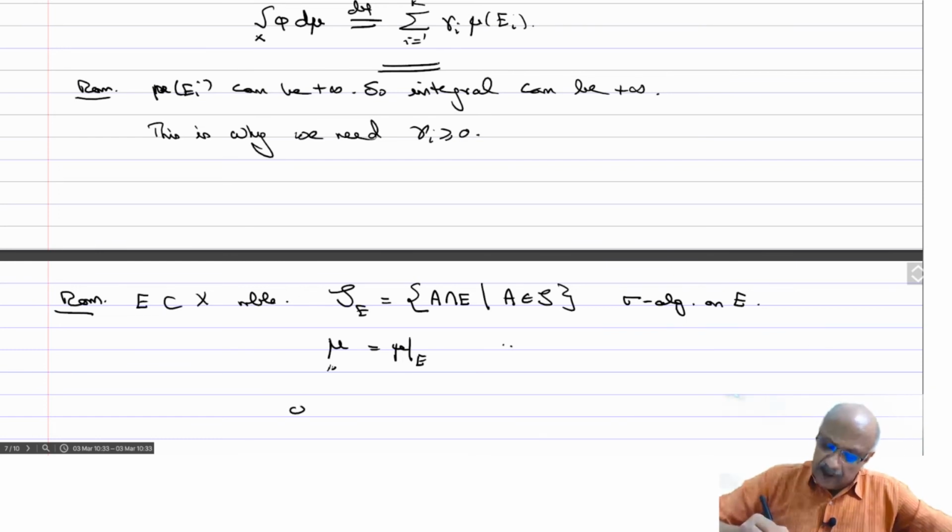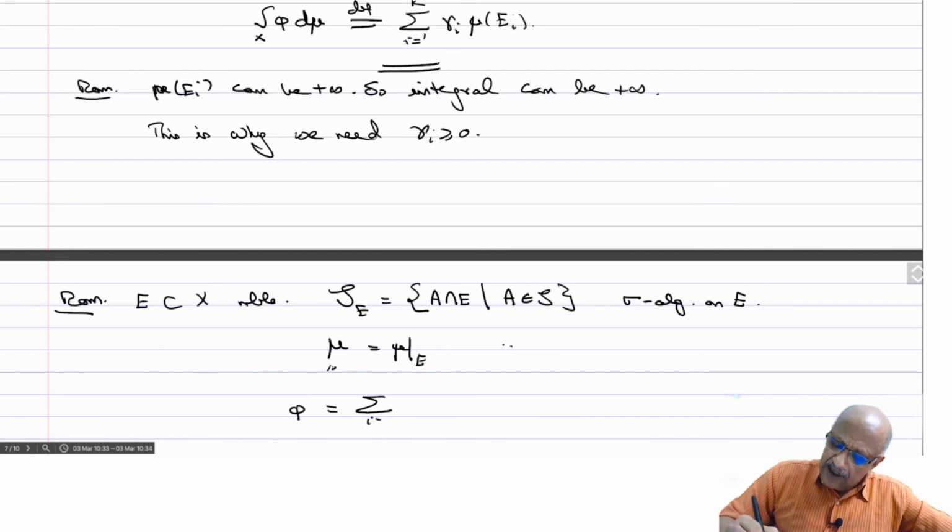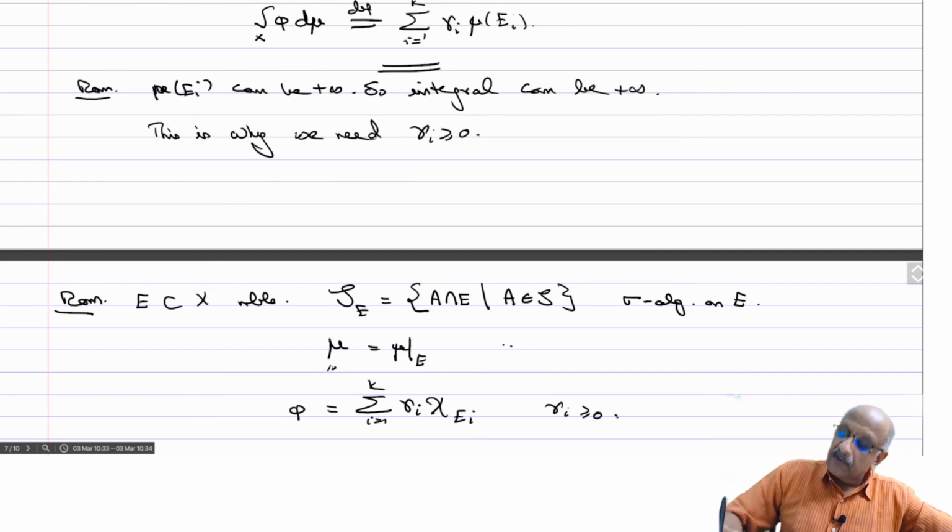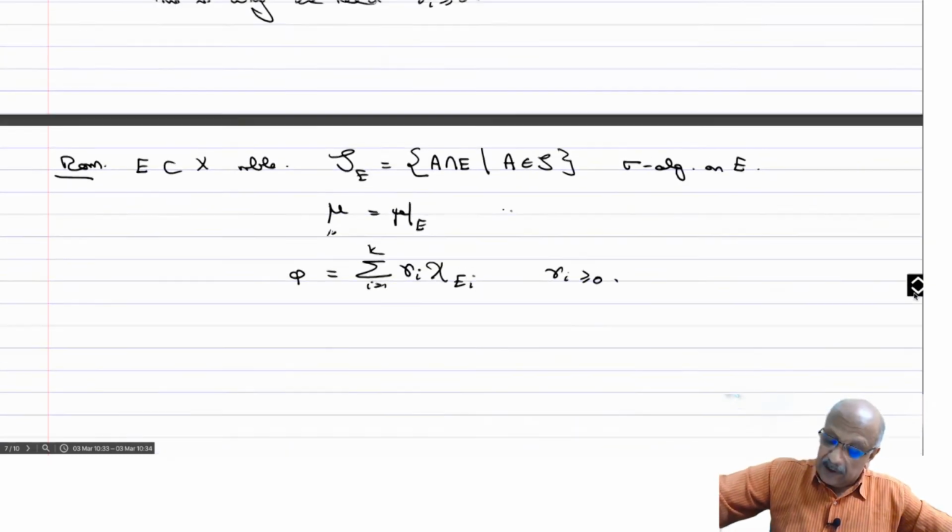Now if phi is a non-negative simple function, the sum over i from 1 to k of gamma_i chi of E_i, gamma_i non-negative, then what is phi restricted to E?